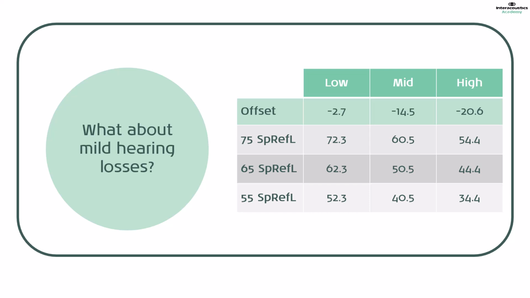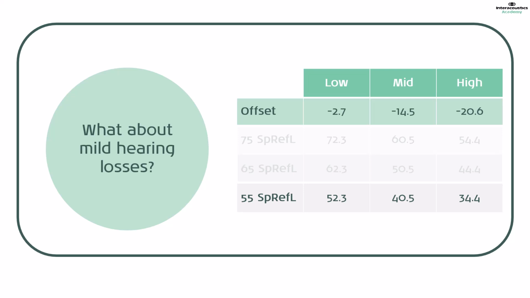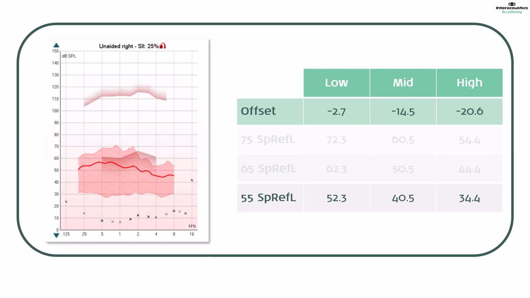For these mild losses, we can establish if they are likely to be able to hear the sounds in the unaided condition by referring to visible speech mapping, which can demonstrate a patient's audibility in both the aided and unaided condition. Here we can see the visible speech mapping screen for the unaided scenario for a mild loss.